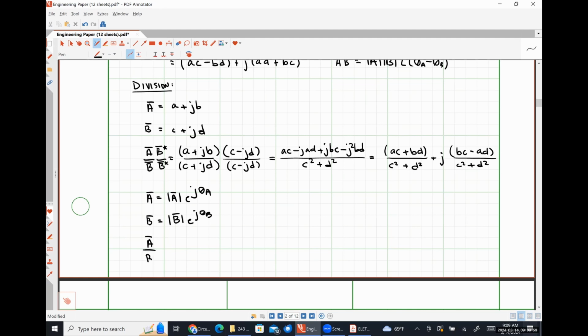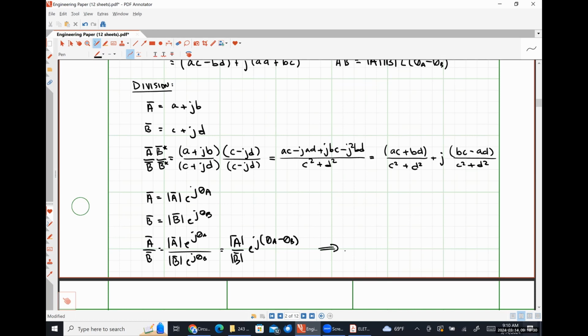So A over B is going to look like magnitude of A e to the j theta A over the magnitude of B e to the j theta B. So for those magnitudes, we're just going to have the ratio, and then it'll be e to the j (theta A minus theta B).